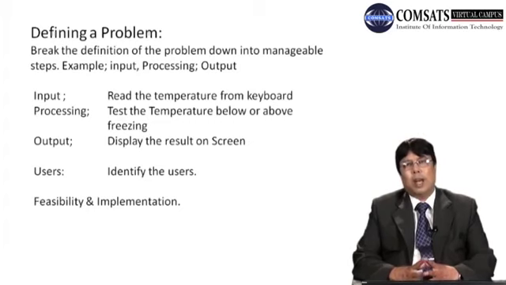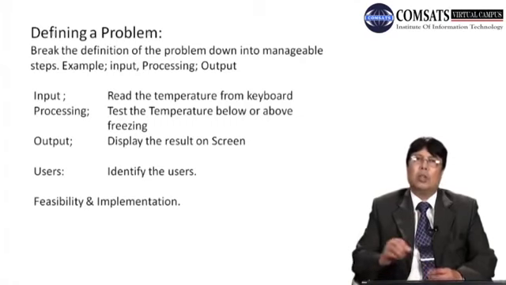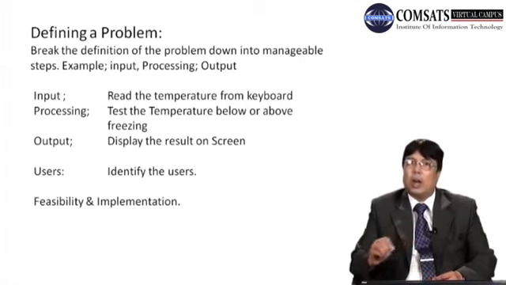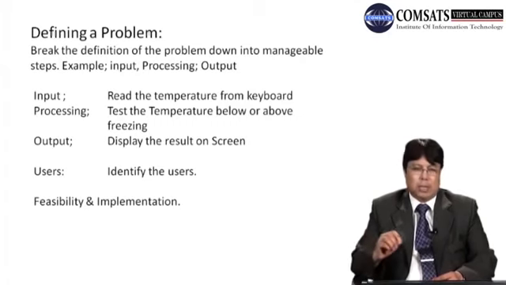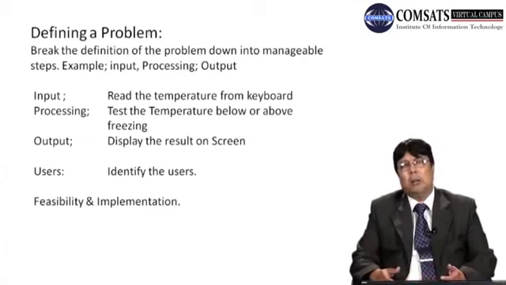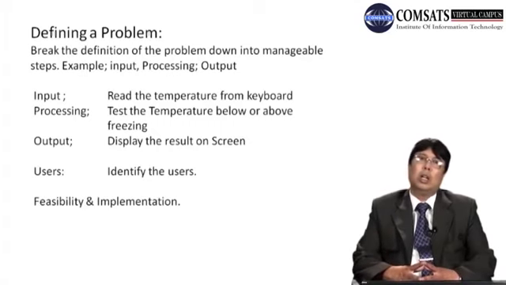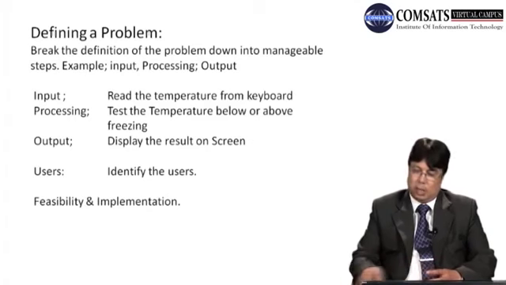So while defining a problem, you may define it in detail, and the best recommendation is to write down whatever you define, whatever you describe, all the steps: input, processing, output, users, feasibility. You may not define feasibility and implementation in the beginning, but whenever you describe something related to the problem definition, I suggest you write down whatever description you come up with.